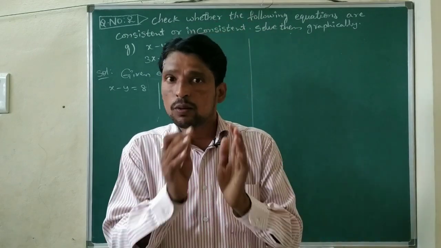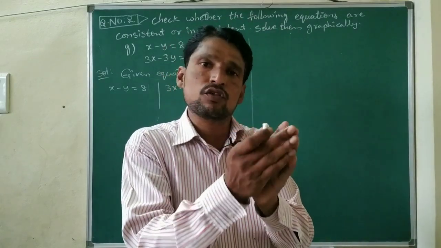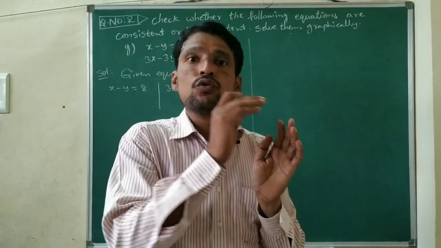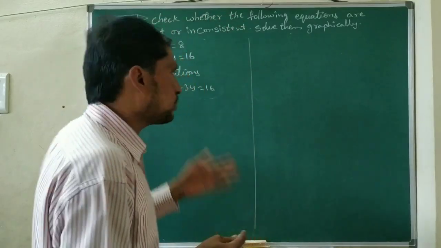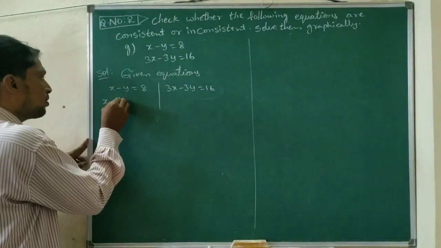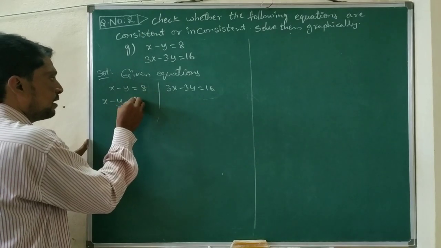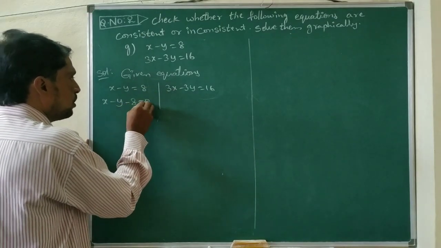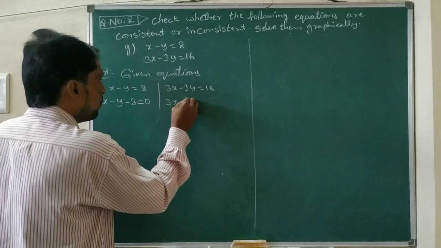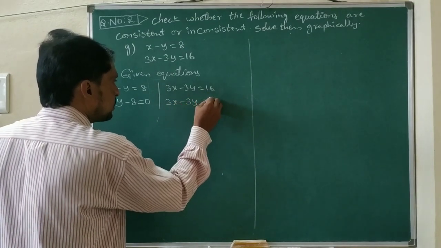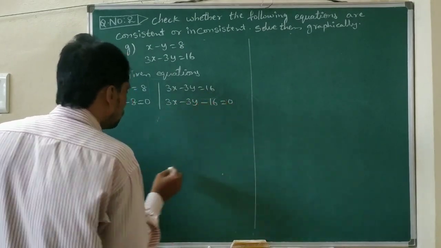That means the constant also needs to be taken to the left side, so the right side is 0. So x minus y plus 8 becomes minus 8 equal to 0. Here 3x minus 3y, this plus 16 becomes minus 16 equal to 0.